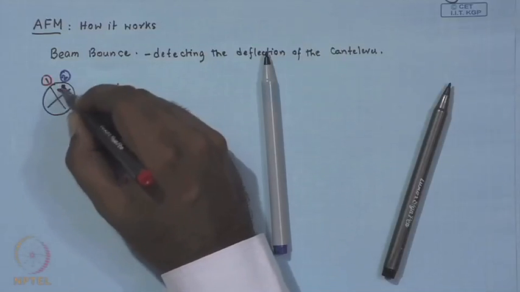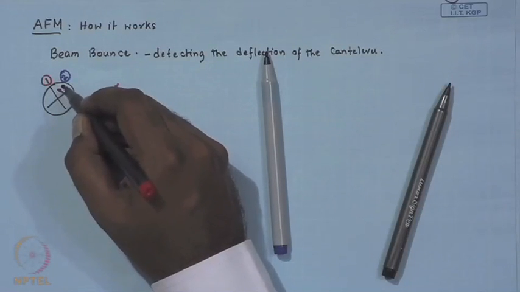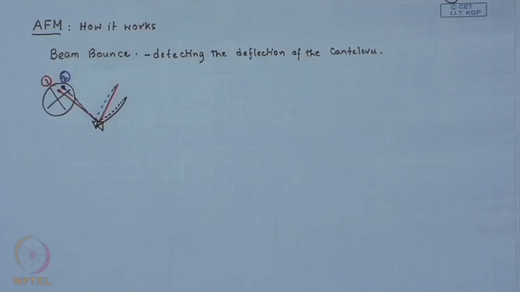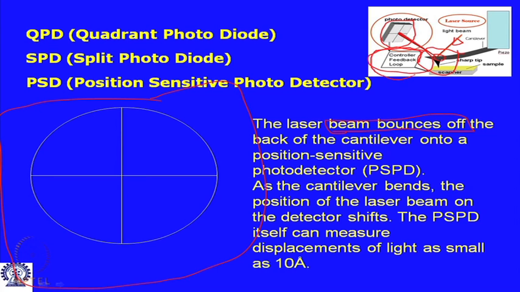There is now an error generated in terms of voltage between these 2 points, and as we have said in the previous couple of classes, this error is fed to the feedback control loop, which adjusts the position of the scanner, or the cantilever, by elongation or contraction.